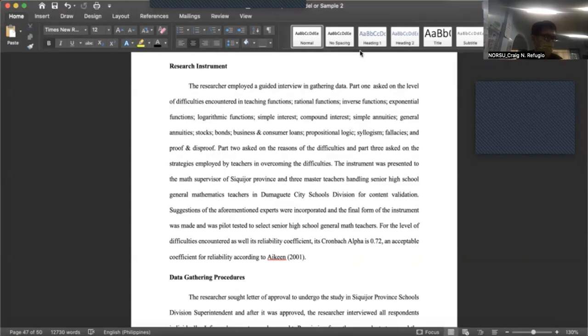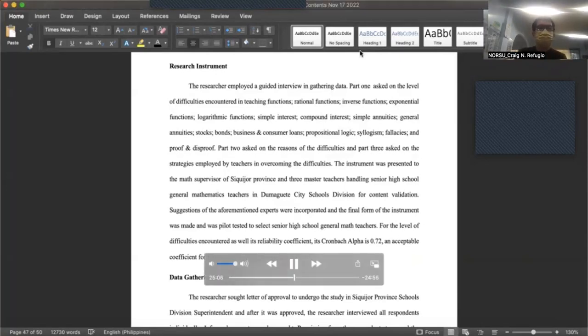If you look at English competencies, then the English supervisors can be considered as experts. Master teachers for English could also be classified as experts, and veteran English teachers can be classified as experts, and they can validate your instrument.